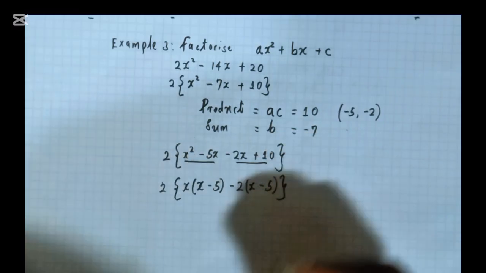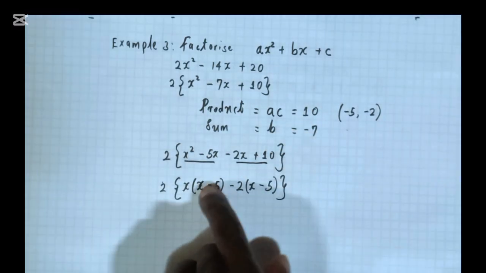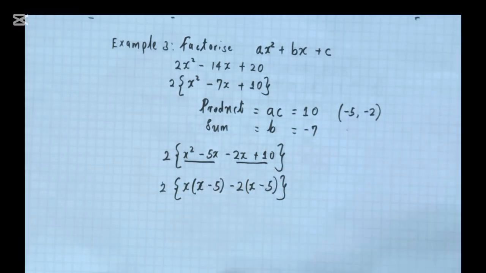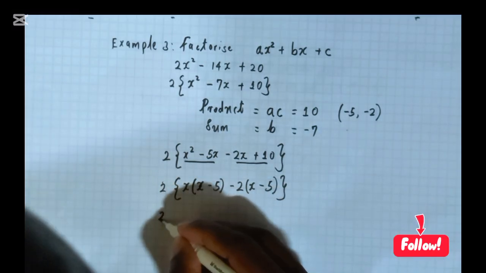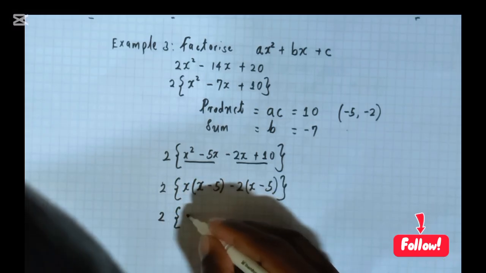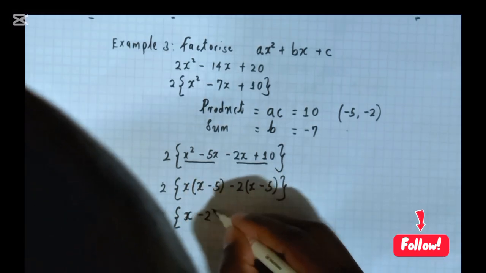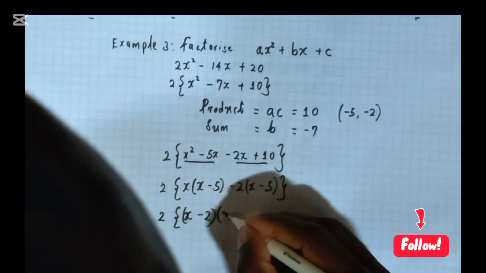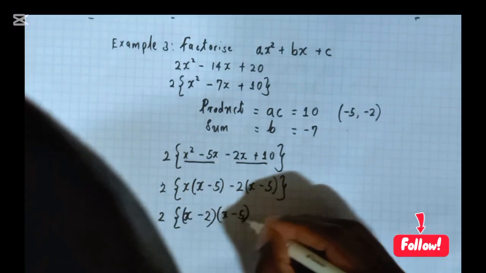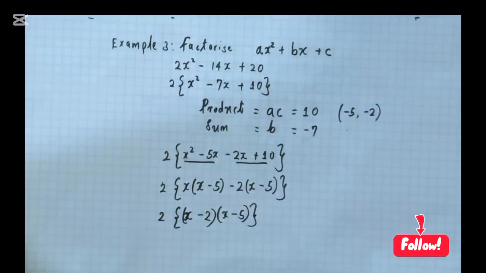Note that the terms we have in the brackets are identical, so we can do factorization by grouping. In that case, we are left with x minus 2 into x minus 5.